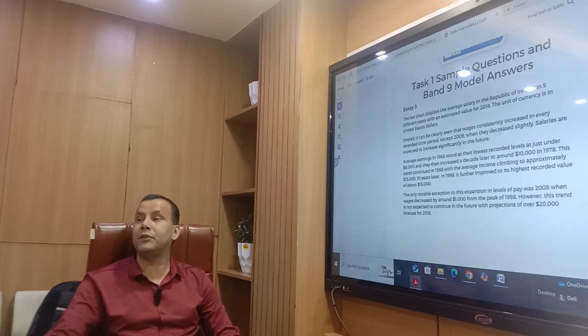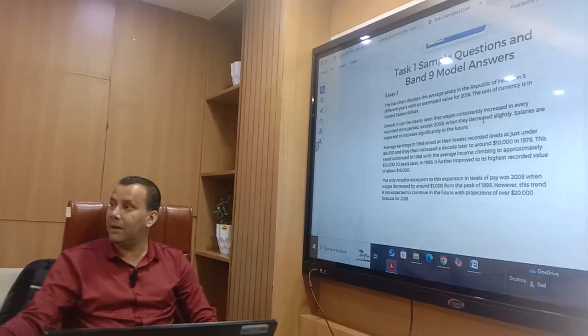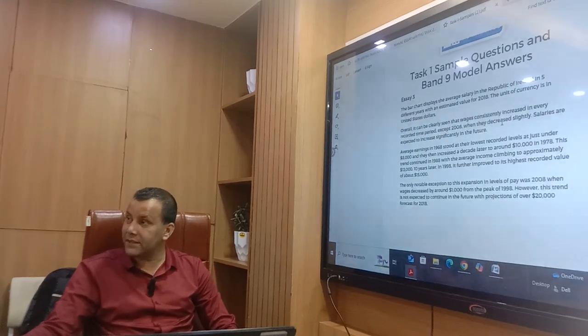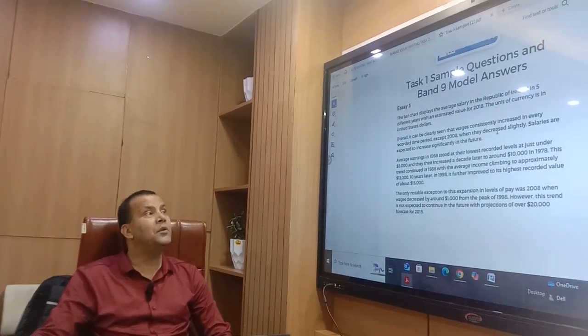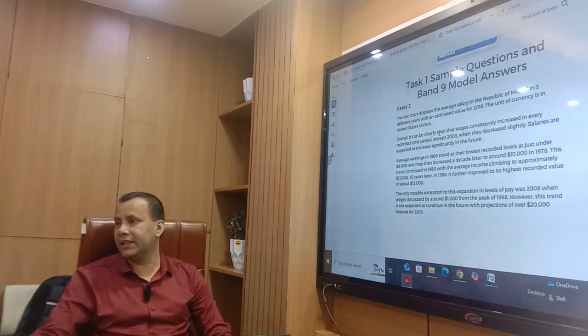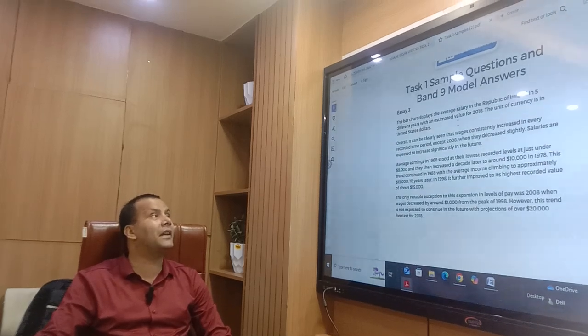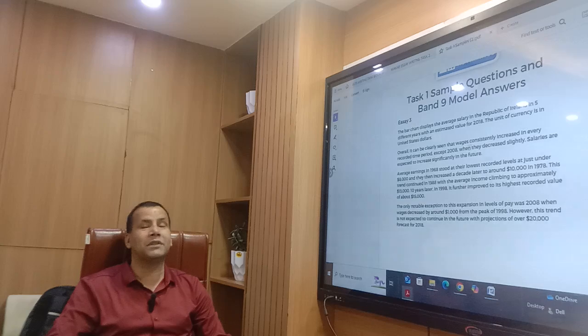Here you have to pick out 2 important features from the bar graph. How many features? 2 important features, and you don't have to write the data. See here. It can be clearly seen. It is better to use passive voice. It can be clearly seen that wages consistently increase in every recorded time period except 2008.